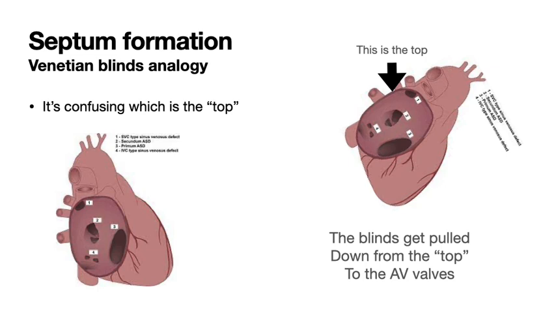And when we're talking about pulling down from the top, like where is the top? If you look over on the right, basically kind of tilt the heart so that the top, what we're talking about, is the part that's furthest away from the atrioventricular valve. So that's actually the top, and that's where the Venetian blind comes from. And it goes straight down toward the AV valve.